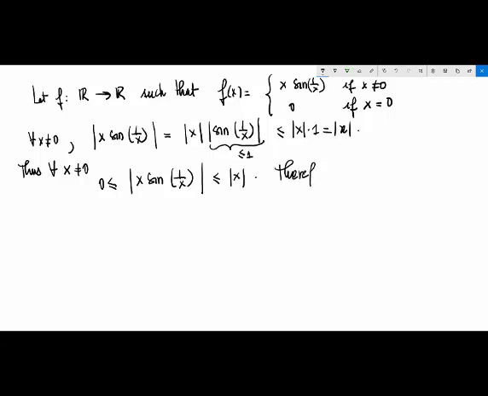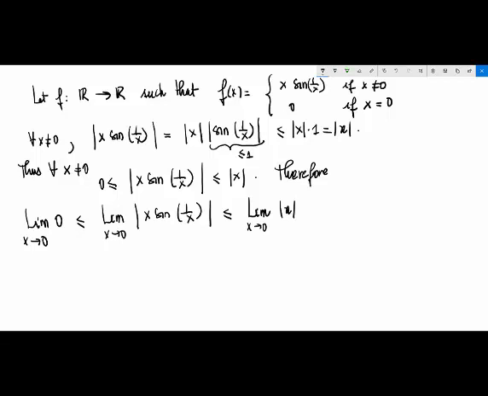Therefore, the limit of 0 as x is approaching 0 is less or equal to the limit of the absolute value of x sine of 1 over x as x is approaching 0, which is less or equal to the limit of the absolute value of x as x is approaching 0.